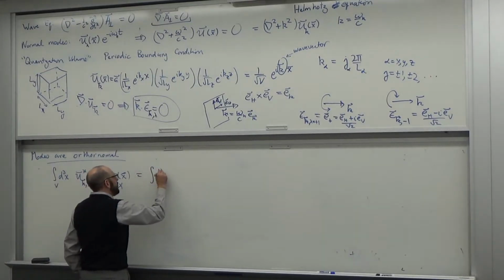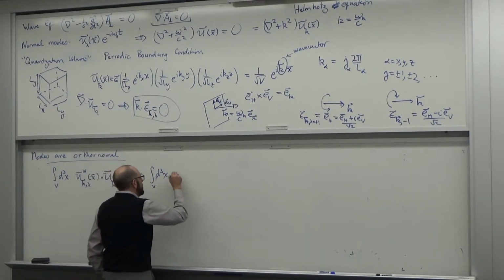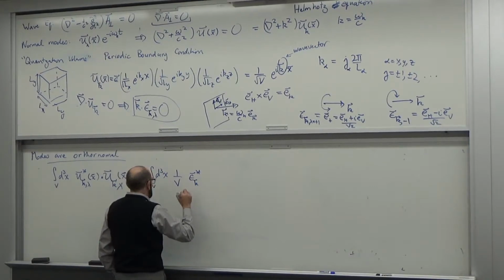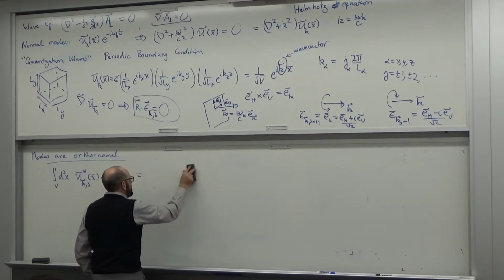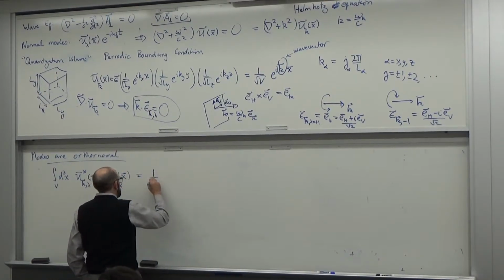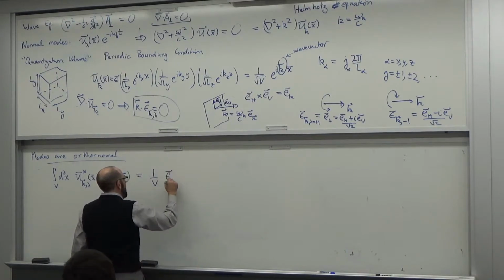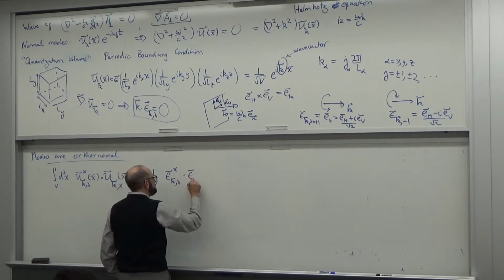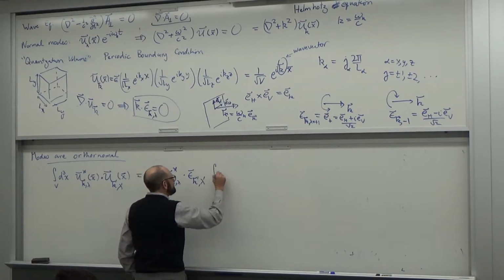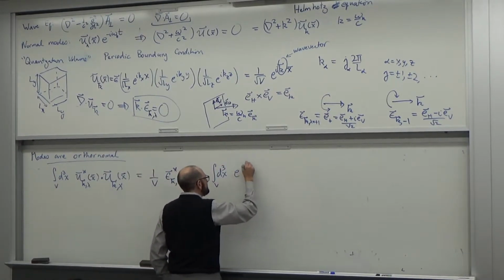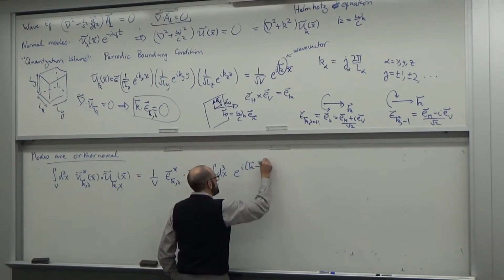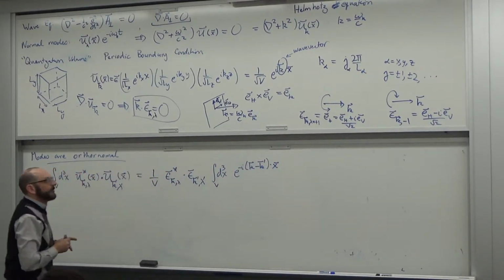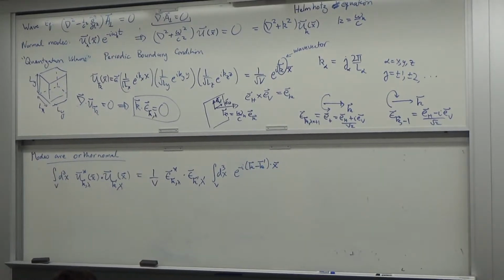So this is the integral over the quantization volume, 1 over V epsilon star K. Take the epsilons, the polarization vectors, outside the integral. Right? Everyone agree with that?